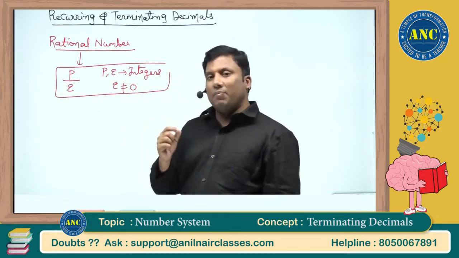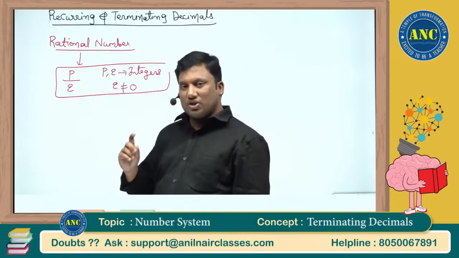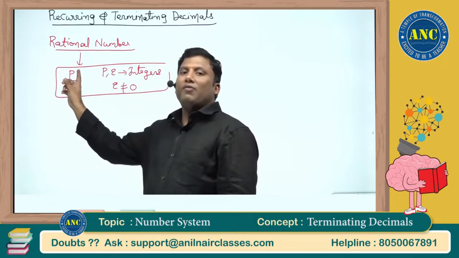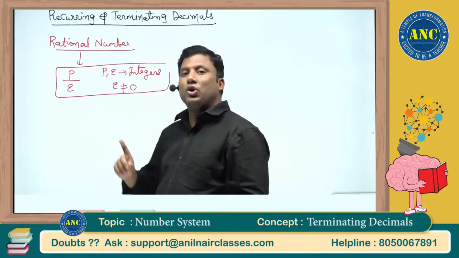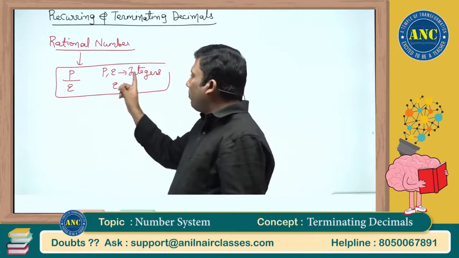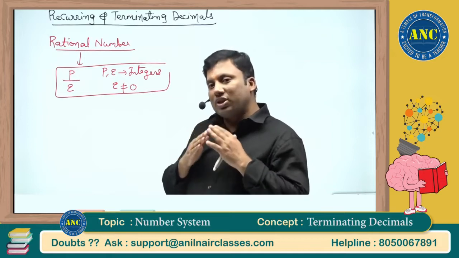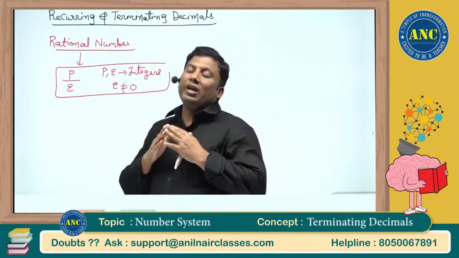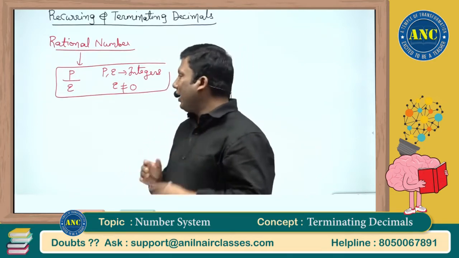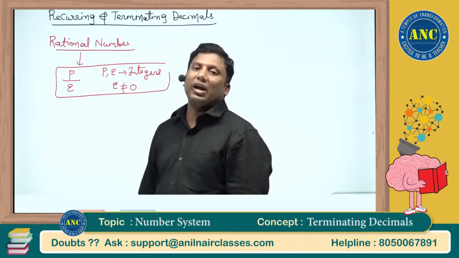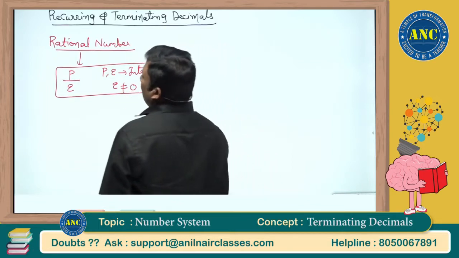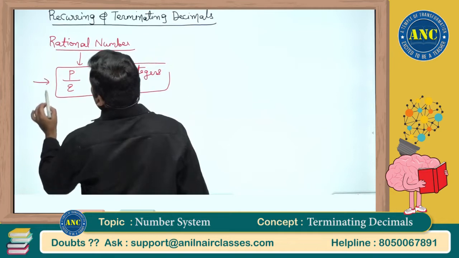It is in the form of a fraction. Numerator will be P, denominator will be Q, both are integers. Both can be positive, both can be negative, or one can be positive and one negative, but the denominator cannot be equal to 0.